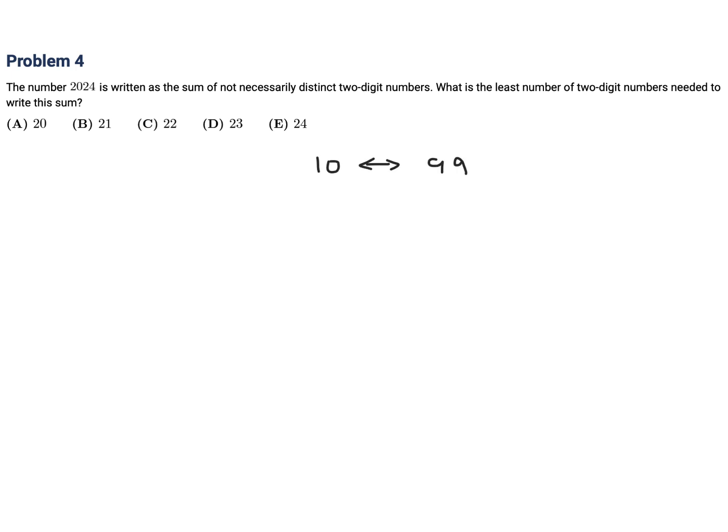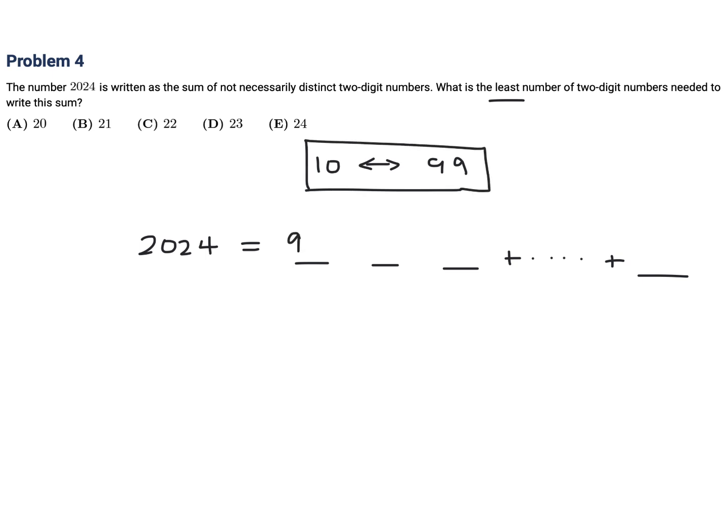If we want 2024 to be the sum of a bunch of two-digit numbers, then we want the numbers to be as big as possible, because that way we would have the least number of two-digit numbers, and the biggest number in this range is 99. So a whole bunch of 99s, and then eventually probably something left over.